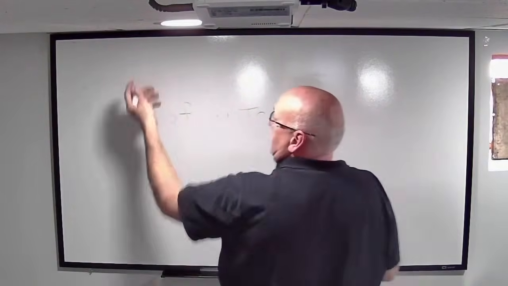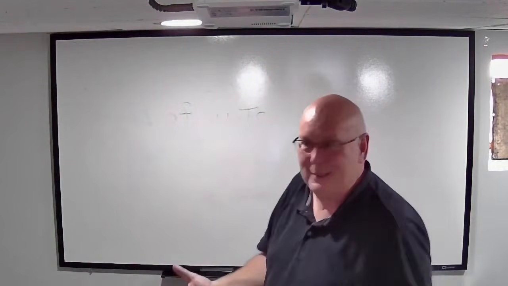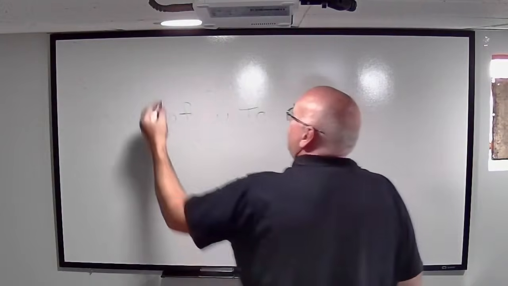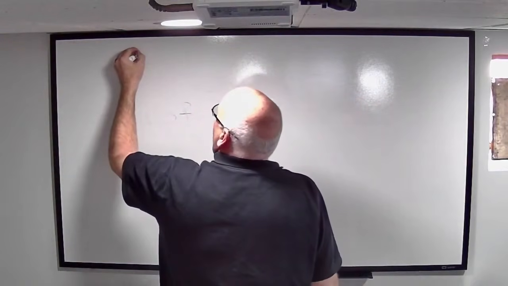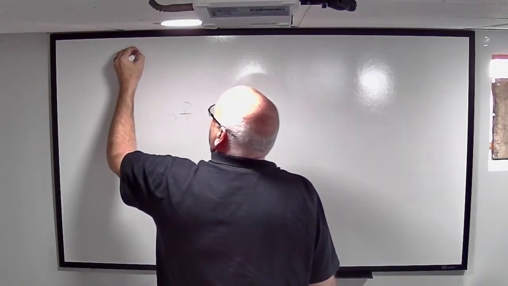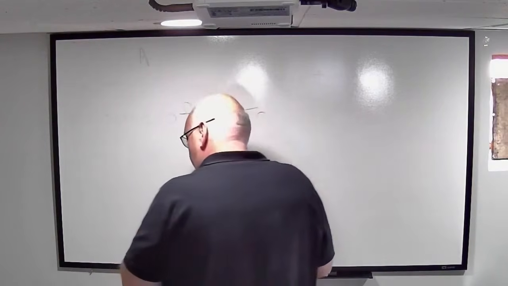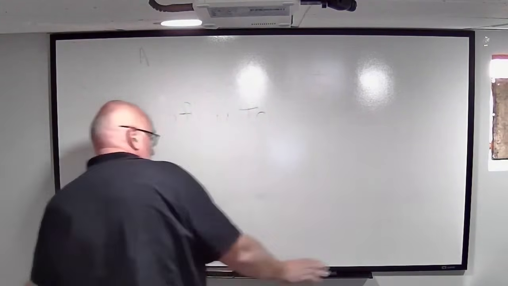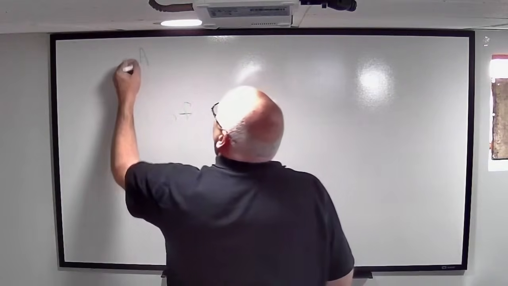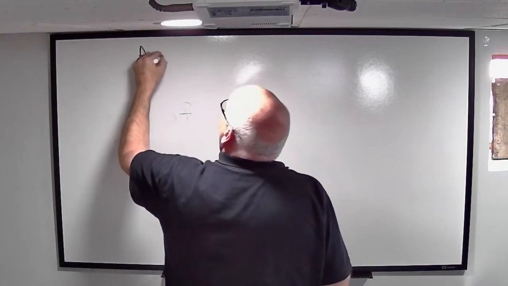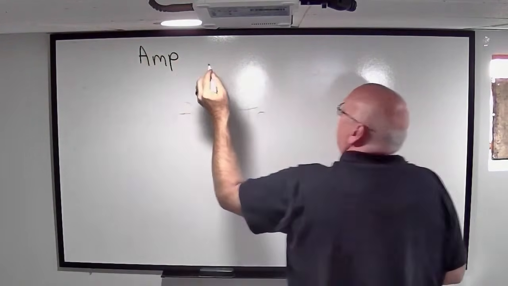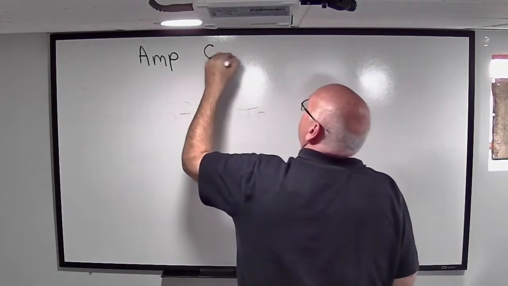So basically, I like to have a little chart. I would strongly recommend that you get something like this so you can memorize these things. So if we write up on the left, amps. Let's find another one. And then we'll have copper.